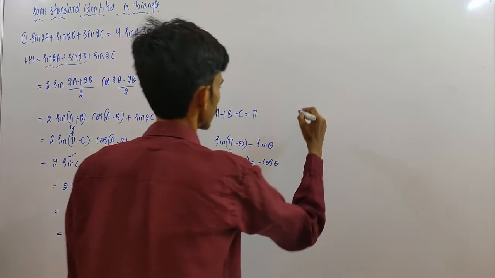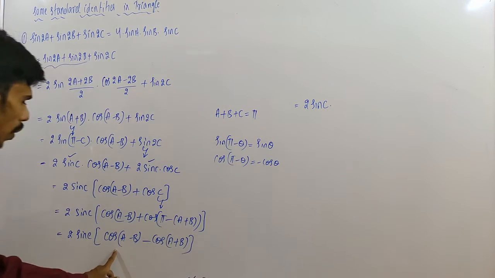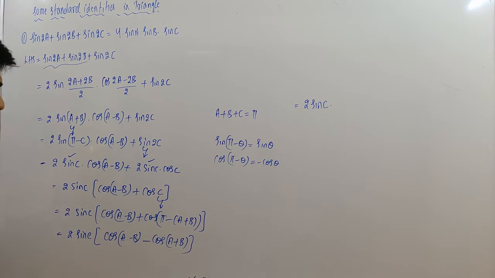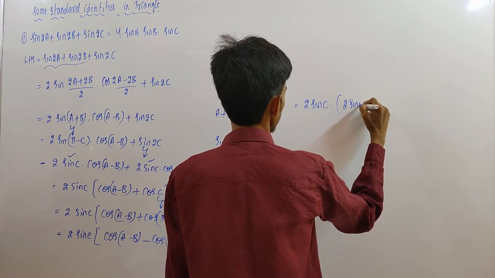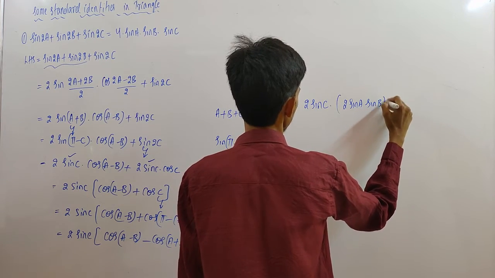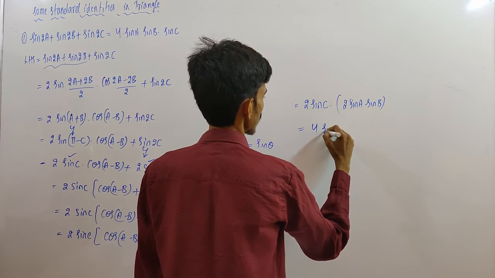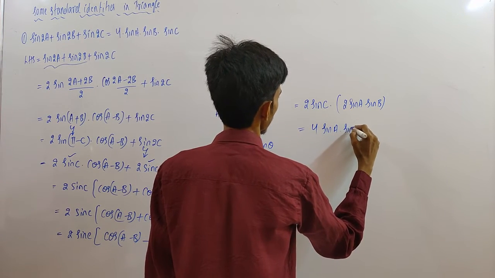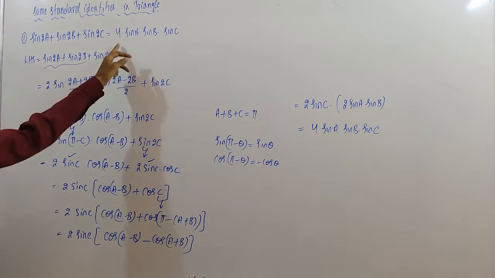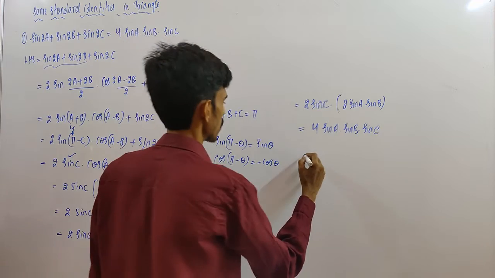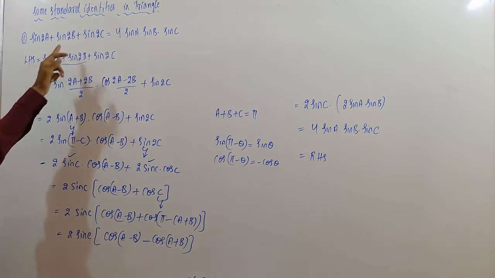That equals 2 sin C. Cos (A minus B) minus cos (A plus B) value is 2 sin A sin B. So we have 2 sin A sin B. Now multiply these two, we have 4 sin A sin B sin C. Now we got RHS. So this is the identity, we have to remember this.